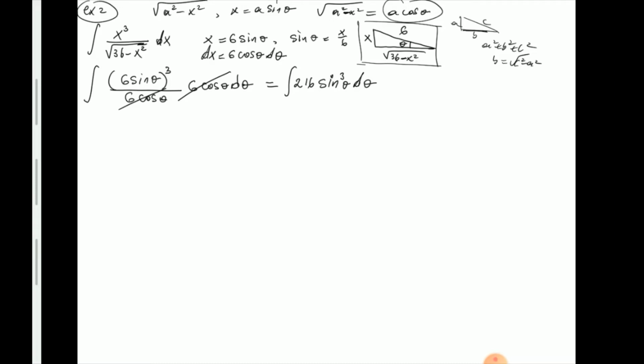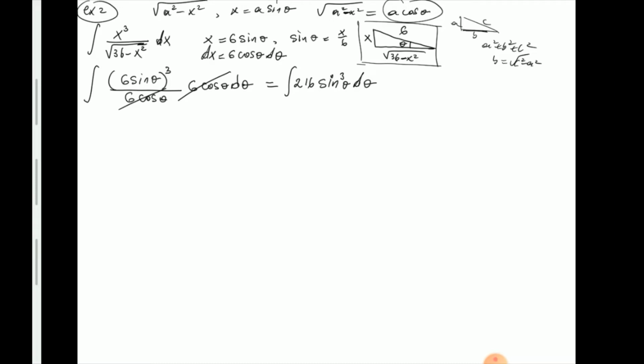Unfortunately, this is again not immediate, right? Because it's to the power 3, we need to do another substitution. Not a trigonometric substitution, a U substitution, I meant, to handle the trigonometric integral that we have here, sine cubed theta d theta.